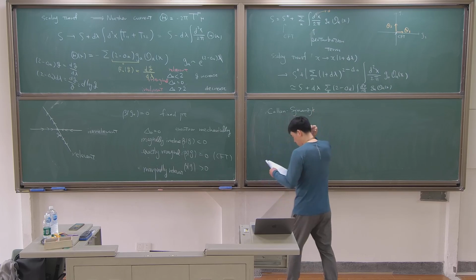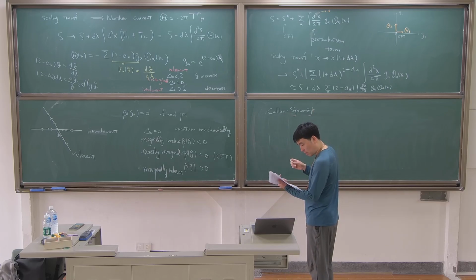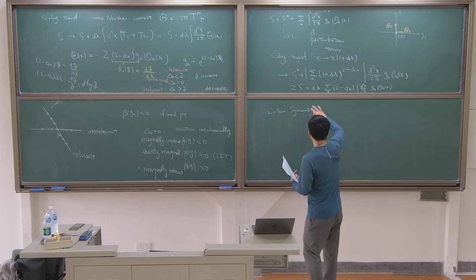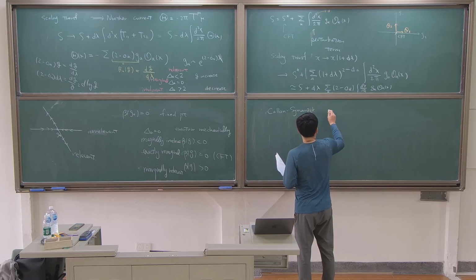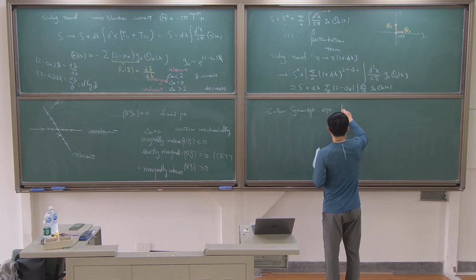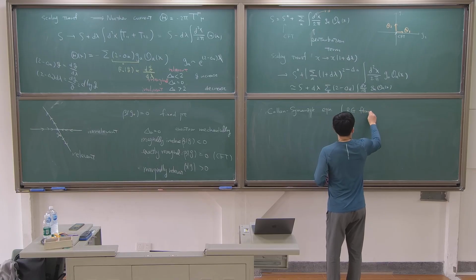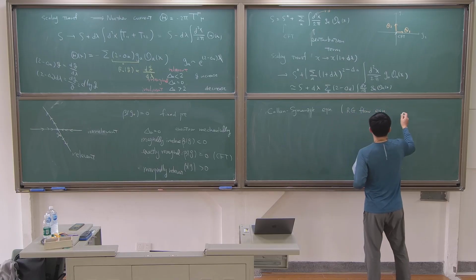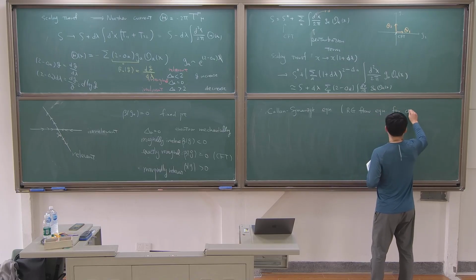I forgot how to spell Callan-Symanzik equation. Oh, sorry. The Callan-Symanzik equation is the RG flow equation for the correlation function.